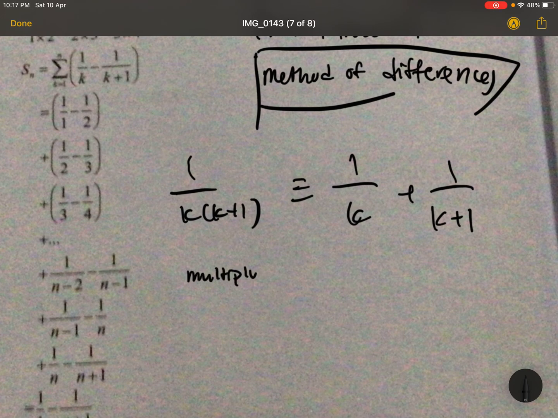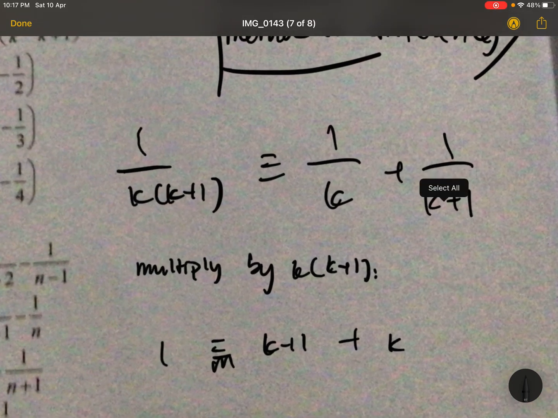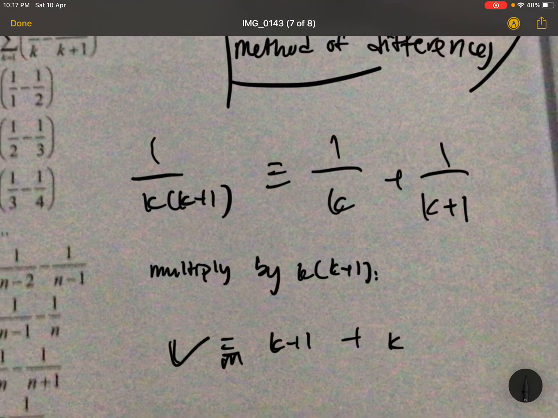After you multiply the whole thing by k plus 1, then you will get 1 is congruent to, or just write it equal to, k plus 1 plus k. Wait, my bad. It's not 1 over k plus 1 over k plus 1. It's A over k plus B over k plus 1.